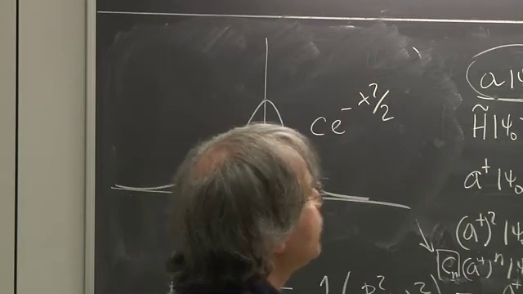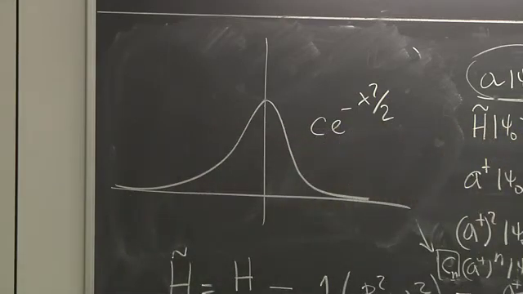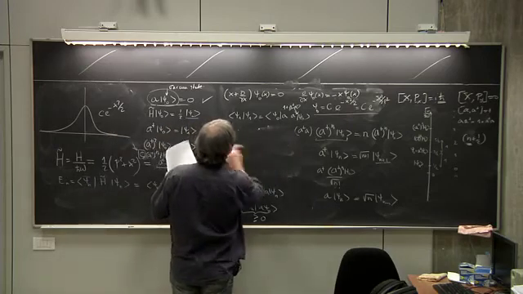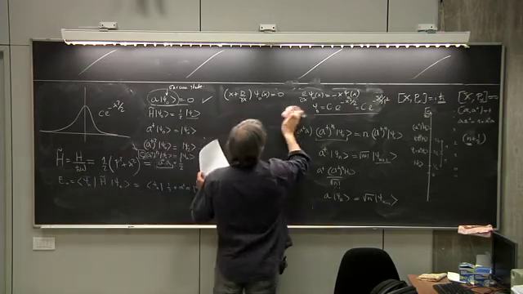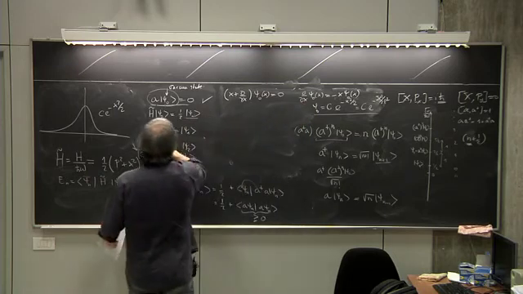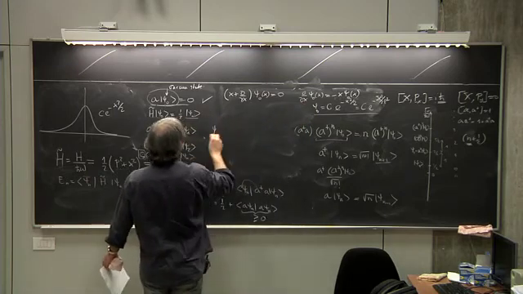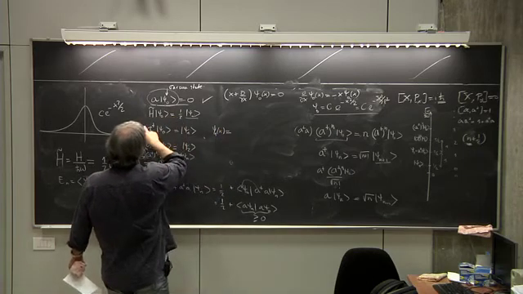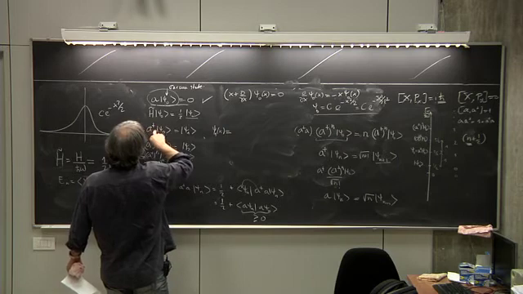Now, what about the first excited state? We have it here, in fact. Let me spend 2 minutes with you to calculate psi 1. So this is telling us that psi 1 of x is equal to the application of A dagger.